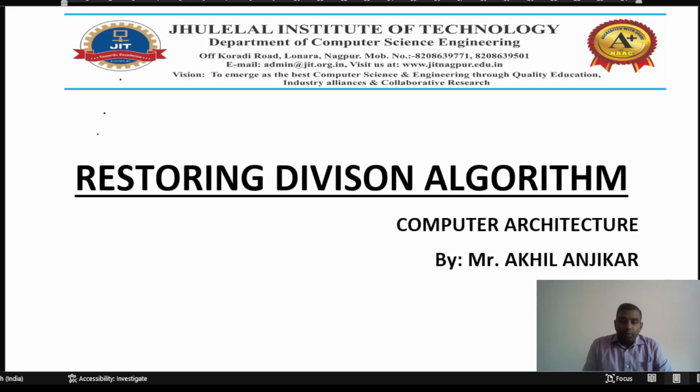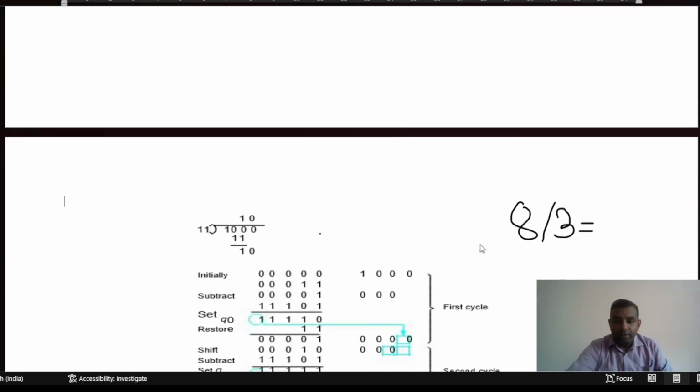To perform binary operations, multiple algorithms are used, but one popular algorithm is the restoring division algorithm. Today we are going to discuss an example of restoring division, how we can perform it. Now you can see on screen the example of restoring division.